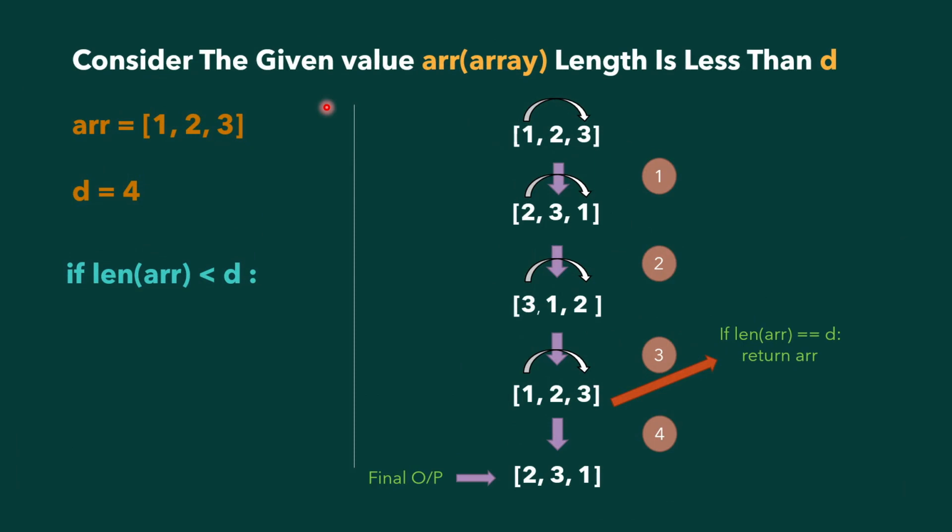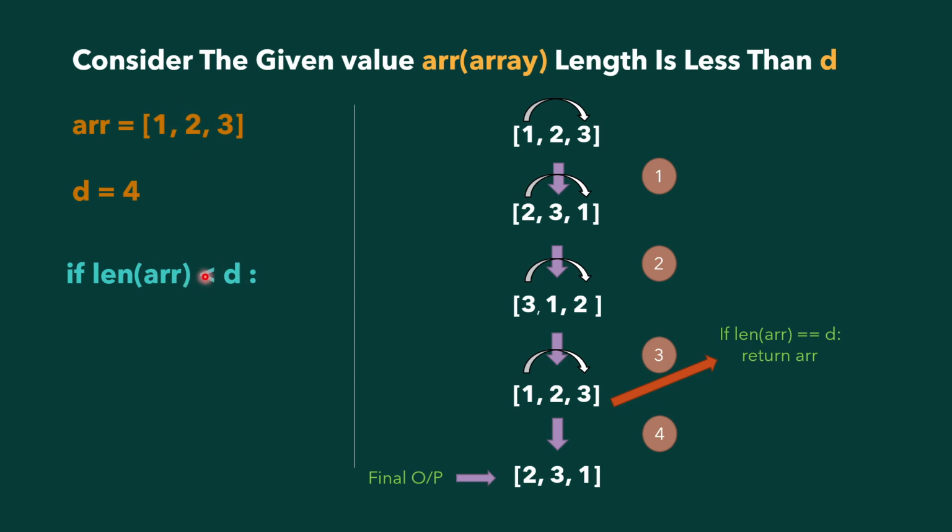Just imagine the given array length is less than d, for example 1, 2, 3. The length of the array is 3, the d value is 4. Here the condition is satisfied.